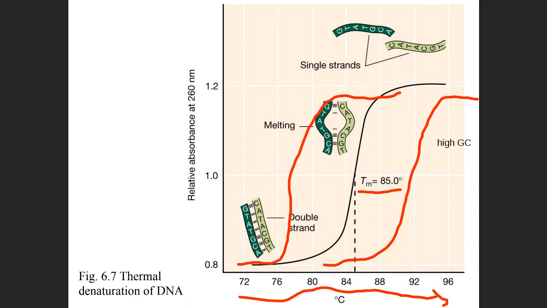If some bacteria live in hot springs, not super hot, but at 65 degrees, should that bacteria have higher or lower GC? Yes, thank you, Maria and Estefan. It will have higher GC because it needs to maintain the DNA. So GC content is important.